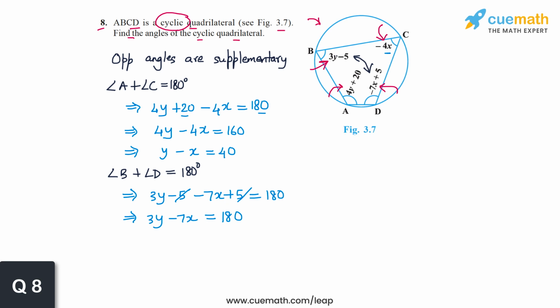So now we have two equations in x and y, two linear equations. So let's call this 1 and let's call this equation 2.